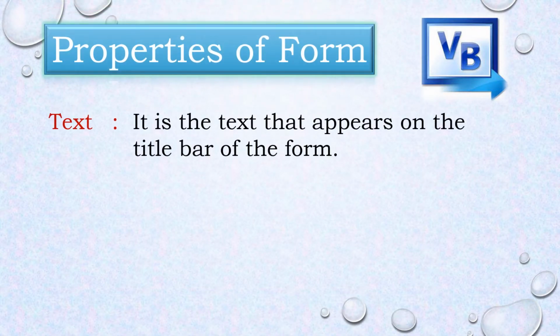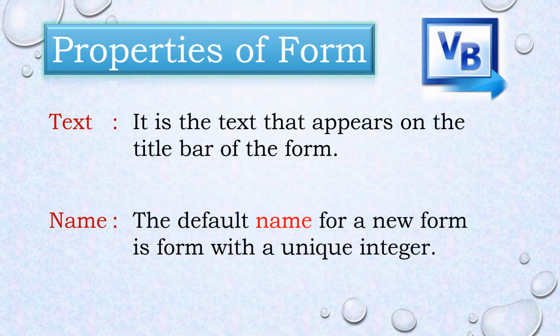The first one, text. It is the text that appears on the title bar of the form. Name. The default name for a new form is form with a unique integer.